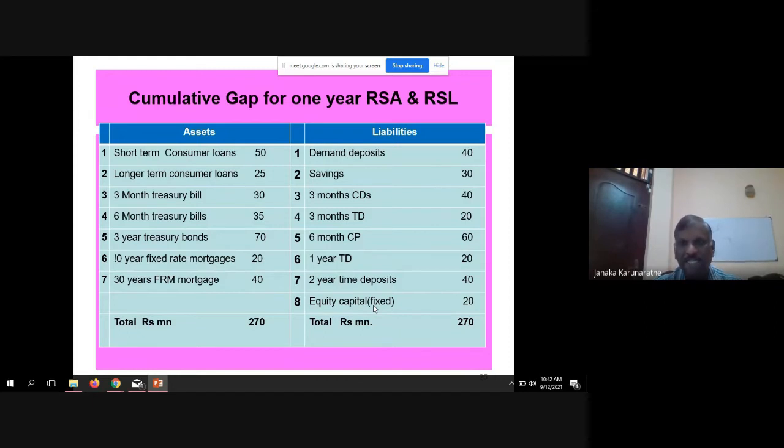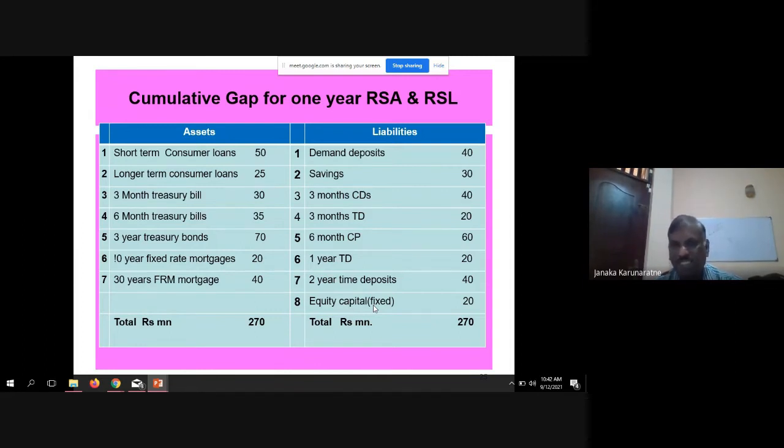On the liability side, anybody could work the numbers? Don't worry if you make mistakes. We don't have much information, so definitely your thinking may be a little bit different. So I would say demand deposit, anyway we don't pay any interest on demand deposit, so this is not rate sensitive.